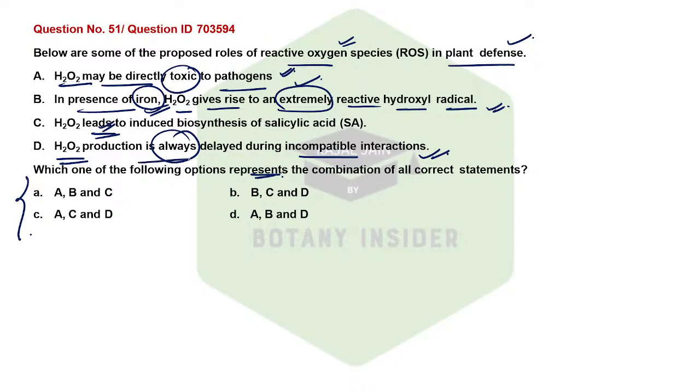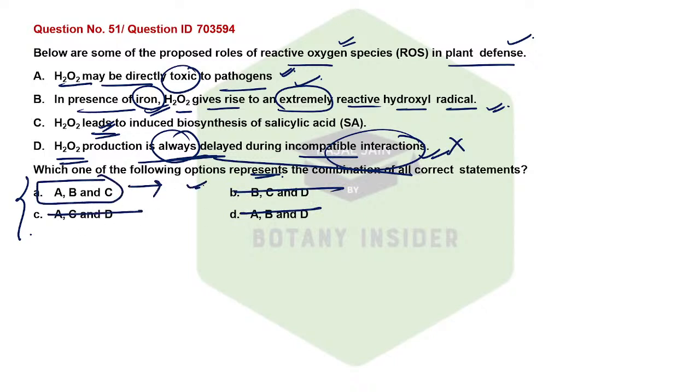And then H2O2 is always delayed during incompatible interaction. No, it is not always delayed, right? You can eliminate option D, and if I eliminate option D, you can get the correct answer as A, B, and C. Very, very easy, straightforward question.